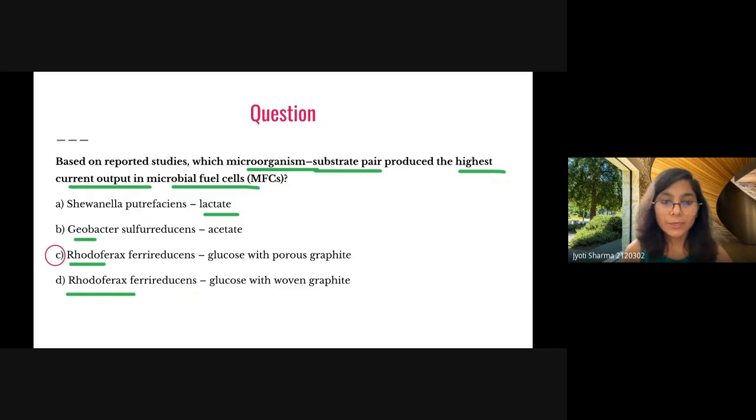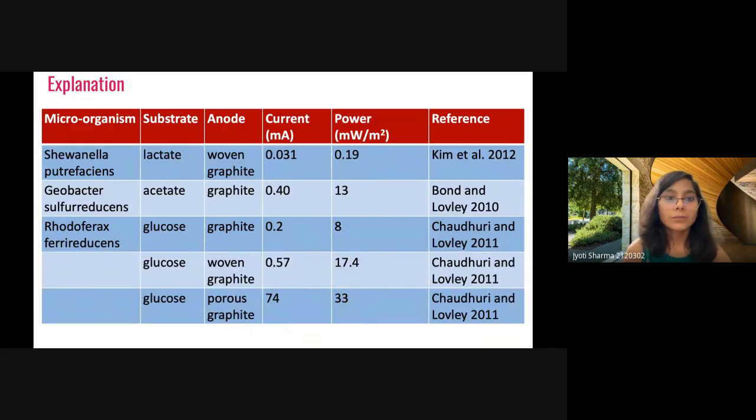Let me show you the table. So this is the table. We have substrate right here. We do have substrate, and we have the microorganism. And if we are talking about the highest current and power, then the highest one is this, 74 and 33.